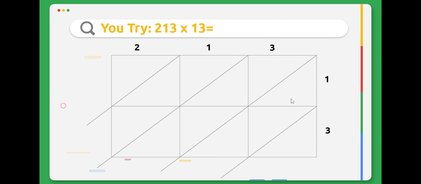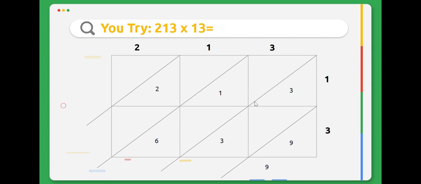You should have said 3 times 1 is 3. 3 times 3 is 9. Should have gone to the tens column. 1 times 1 is 1. 1 times 3 is 3. Go to the hundreds column. 2 times 1 is 2. 2 times 3 is 6. Now, 9 is the only thing inside the box under this line.